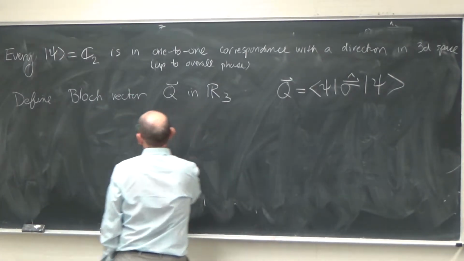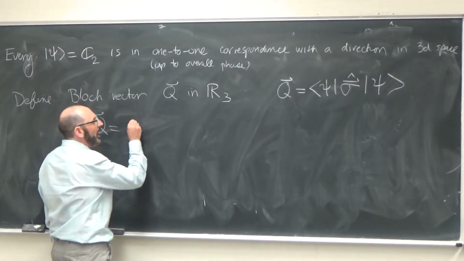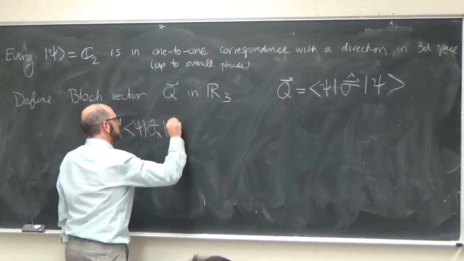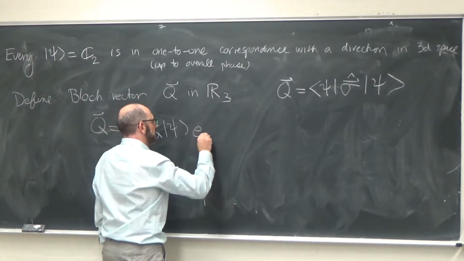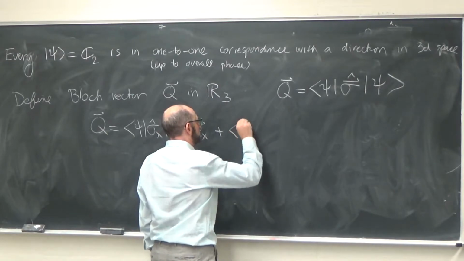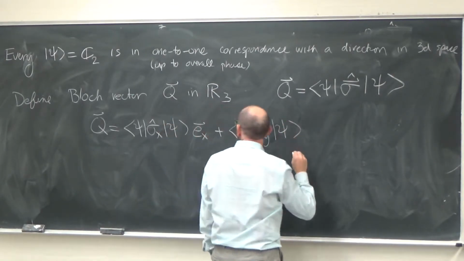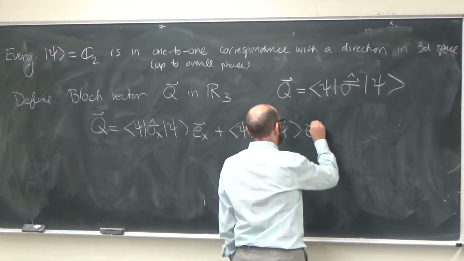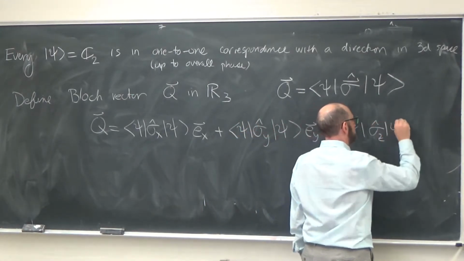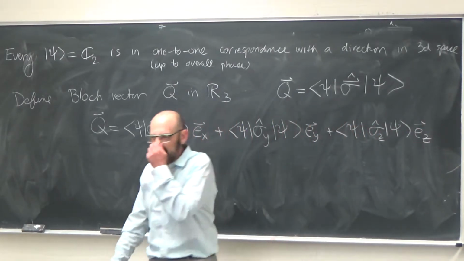This vector, Q, thus has an x component, a y component, and a z component. Okay, is that clear?